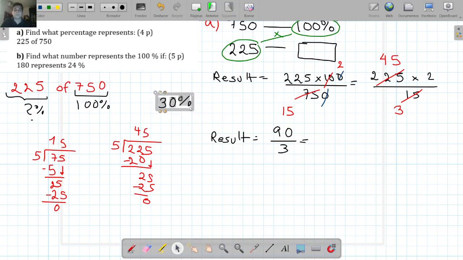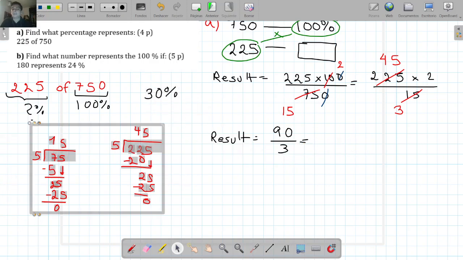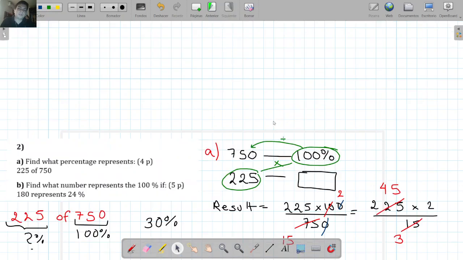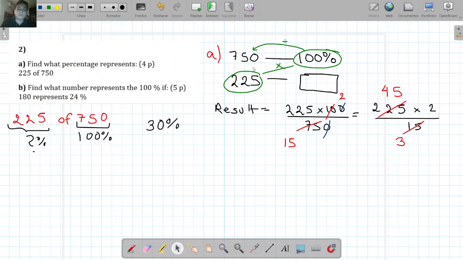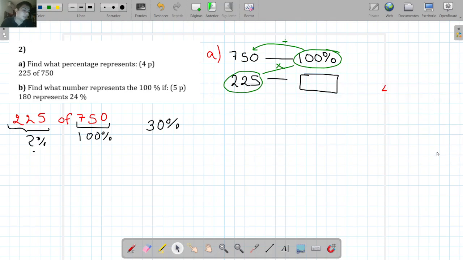Well, we are going to see that. We know that the result for this operation is 30%, but let's try to do what Yuvia mentioned.